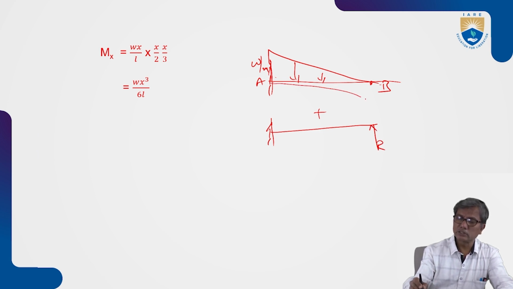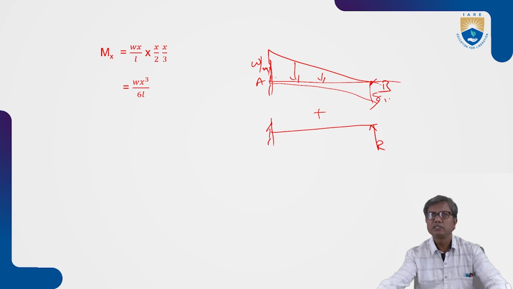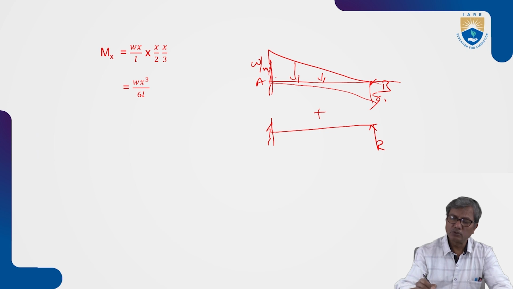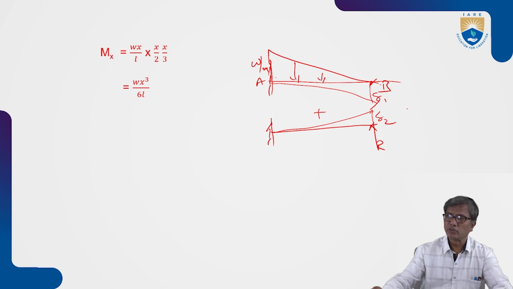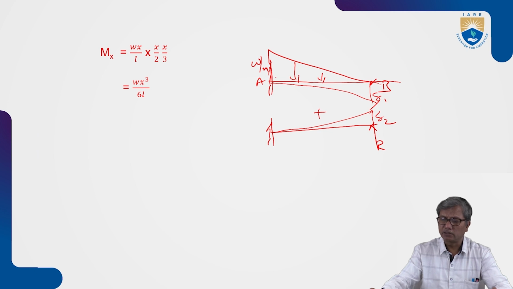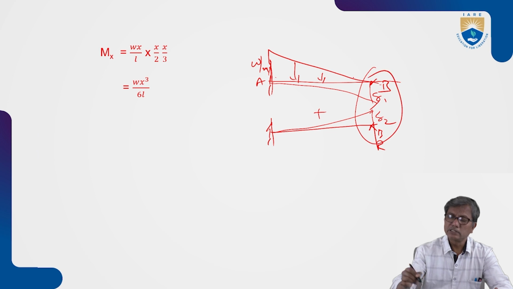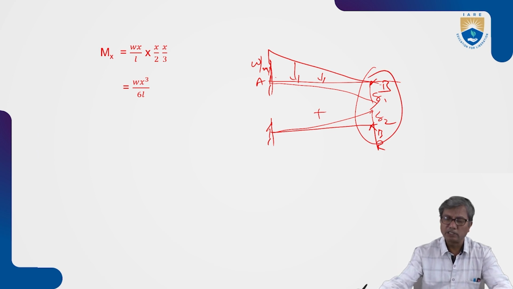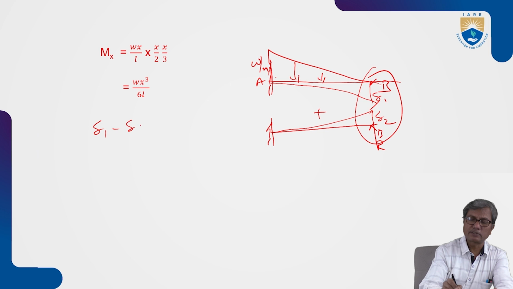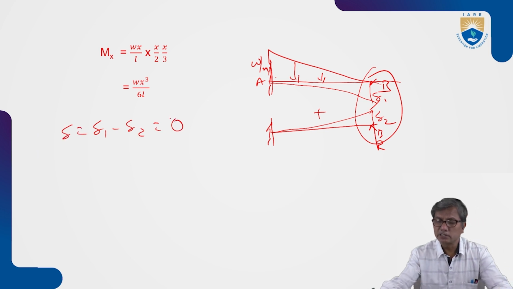Due to this uniformly varying load, we will have a deflection delta 1, which is in the downward direction, and due to prop reaction R, we will have upward deflection delta 2. So the condition is delta 1 is equal to delta 2, or delta 1 minus delta 2, the net deflection at B, is equal to 0.